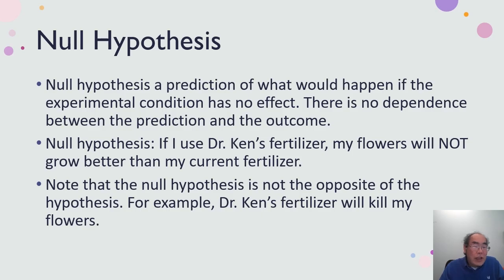And note that the null hypothesis is not the opposite of the hypothesis. For example, the opposite of our hypothesis will be Dr. Ken's fertilizer will kill my flowers, or Dr. Ken's fertilizer will make my flowers grow poorly. Okay, that's not the null hypothesis. That's a different hypothesis.